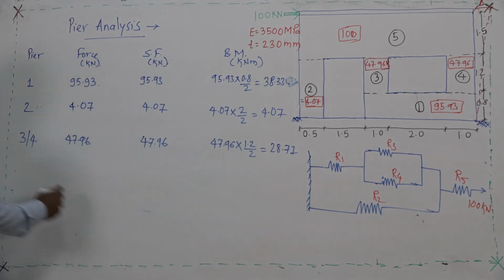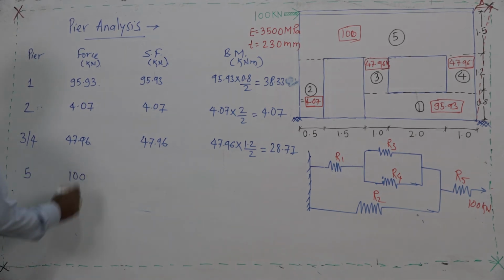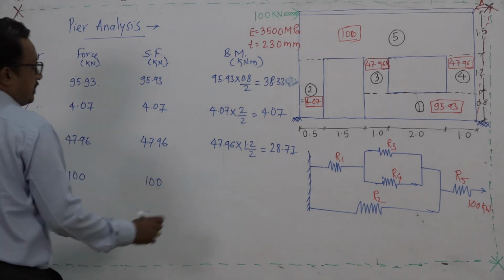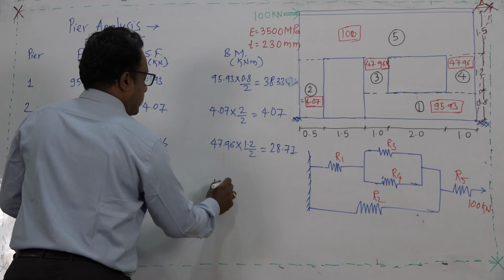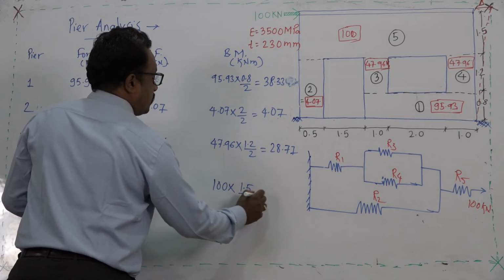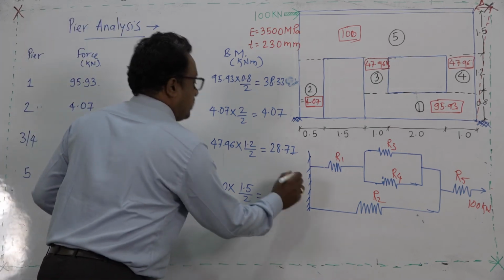And for the last pier, 100 kilonewton is the force, the shear force is 100 kilonewton, the bending moment will be 100 multiplied by the height 1.5 divided by 2. So, this will be 75 kilonewton meter.